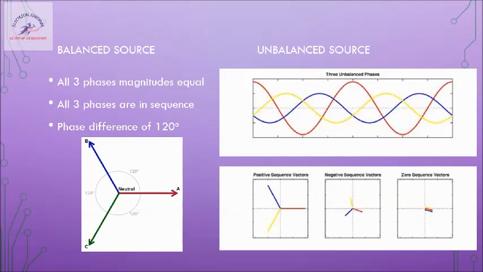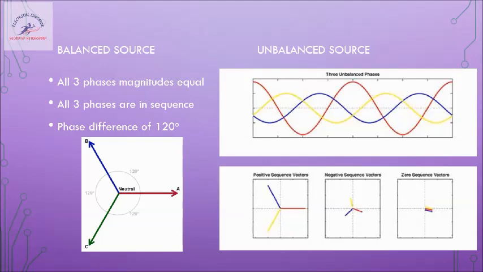The positive sequence component is a component which is in phase with the source. If RYB is the phase sequence of the source or ABC is the phase sequence of the source, then the positive sequence vector will also rotate in the same direction with the same phase sequence and the same phase difference. The magnitude of these positive sequence vectors will be different.